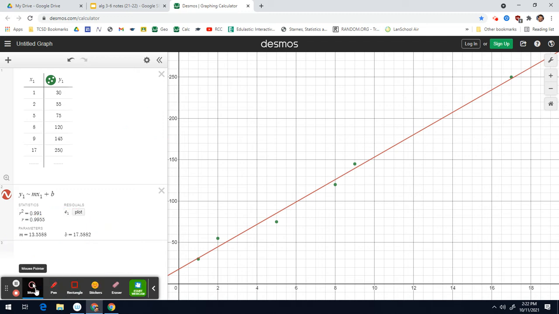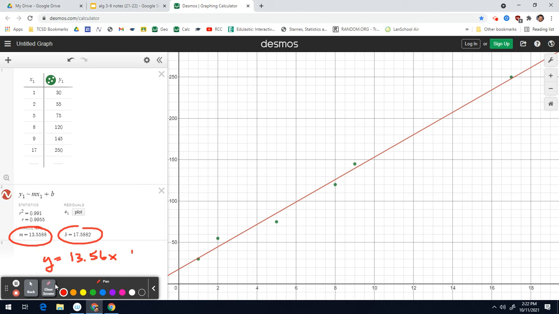Here we go. Here's your m value, and here's your b value. We're going to round to 2 decimals. So our equation for this line of best fit is y equals 13.56x plus 17.59.